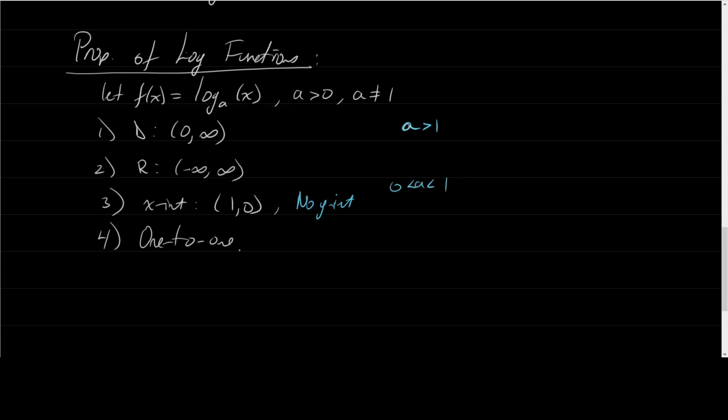In general, we don't really talk about the second scenario, but I'll discuss it briefly. If a is bigger than 1, that's what the function looks like, crossing at (1, 0). If a is between 0 and 1, technically it looks like this, but that doesn't come up that often, where our base is a fraction between 0 and 1.